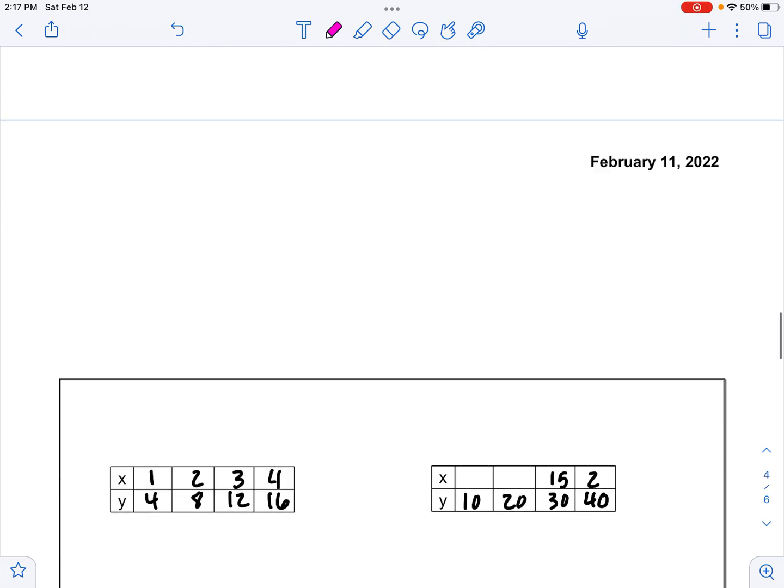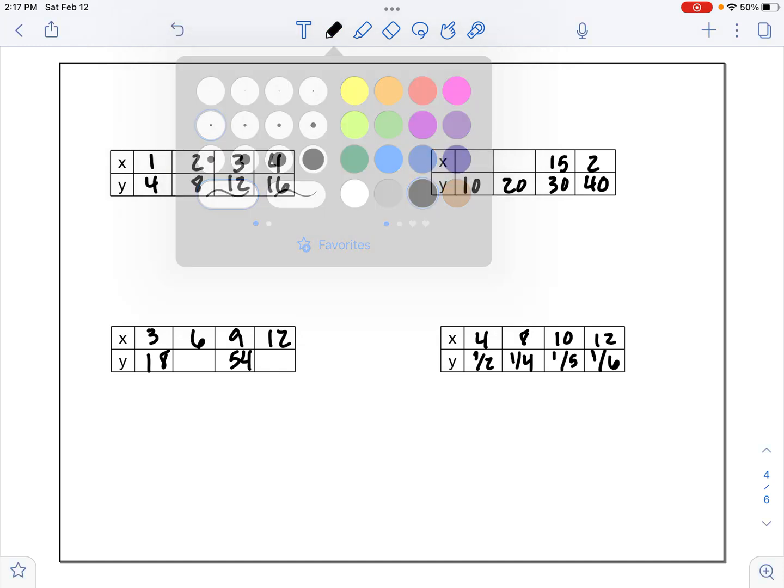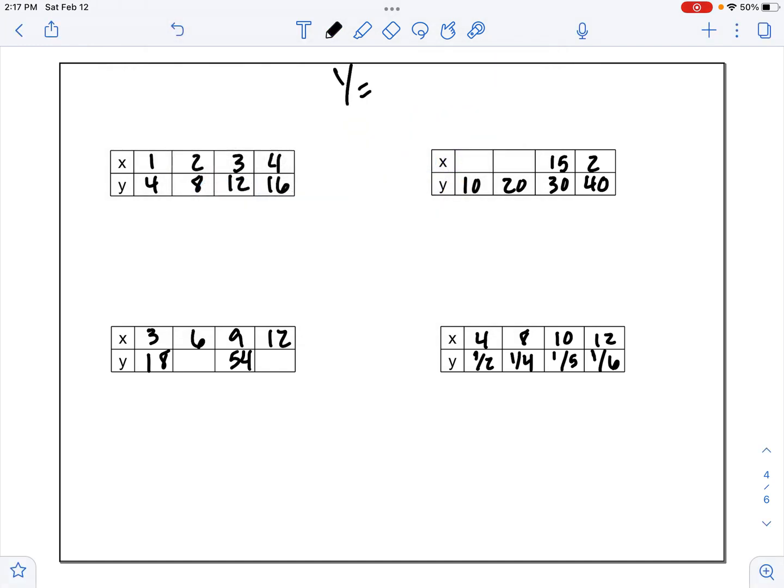So let's just look at them and do a couple. We are going to be writing this equation, y equals kx, and we are looking for the k. What happened to my x to turn it into my y? So let's look at this first one over here. It's always a multiplication problem. So what did I do to my x each time?